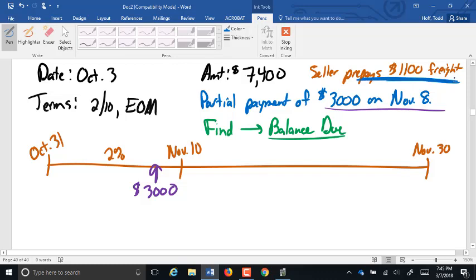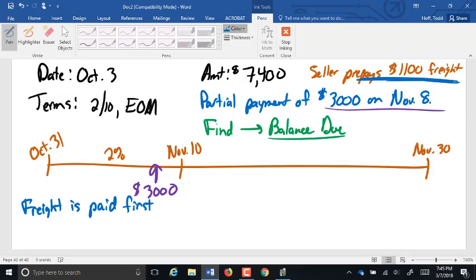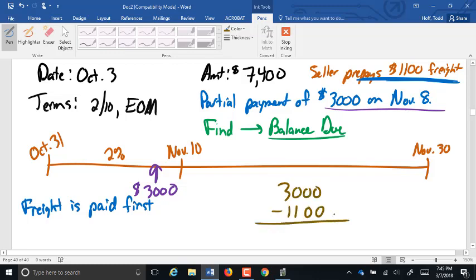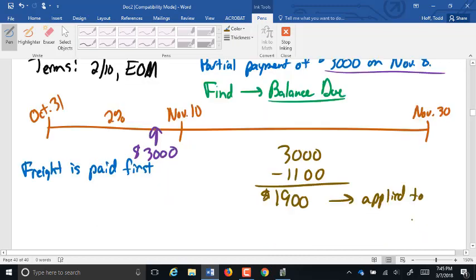Freight. Not only is there never a discount on freight, but freight is always paid first. So we start out by taking the $3,000 payment, and we pay the freight, which means only $1,900 gets applied to the invoice.